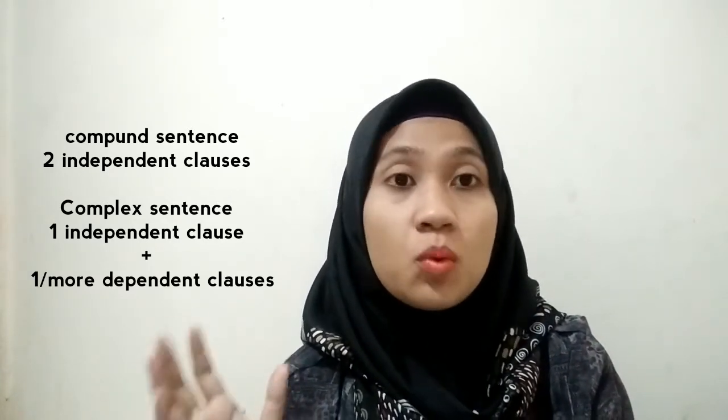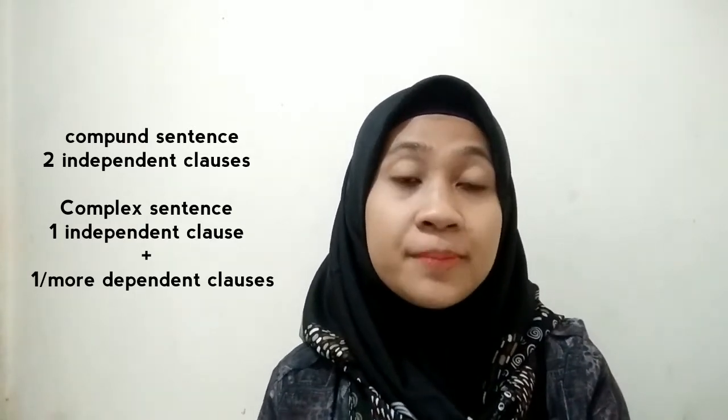So what makes the difference between compound and complex sentences? A compound sentence consists of two independent clauses. However, a complex sentence consists of one independent clause and also one or more dependent clauses.